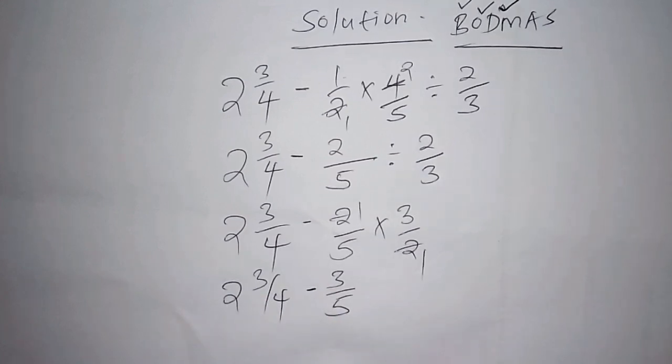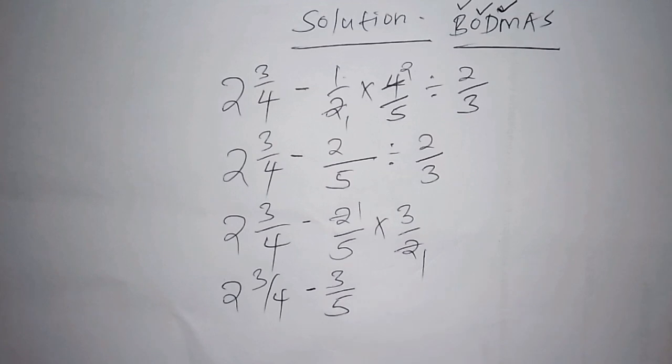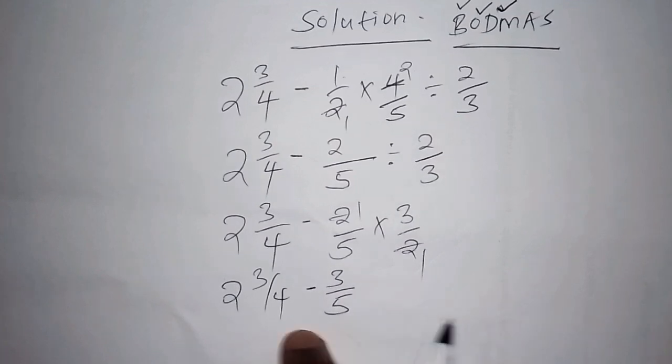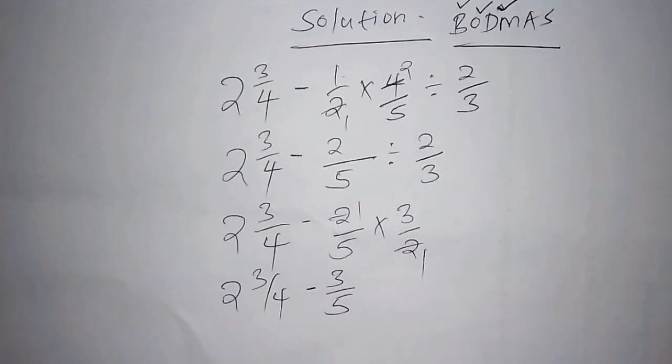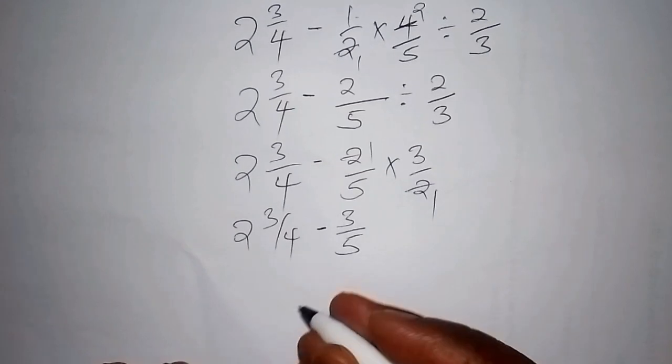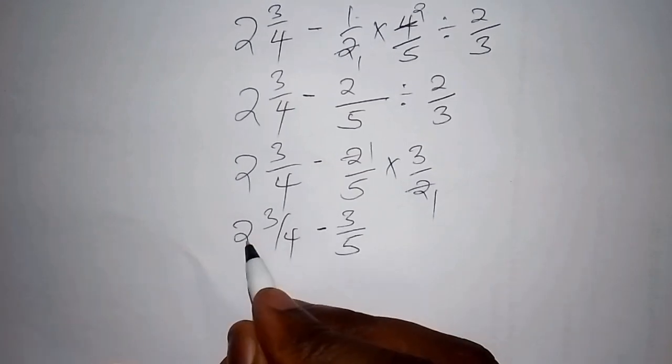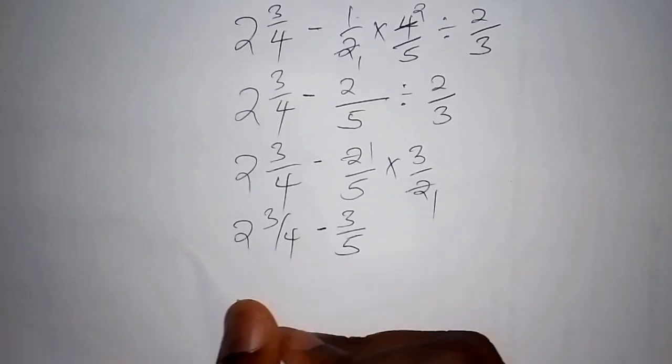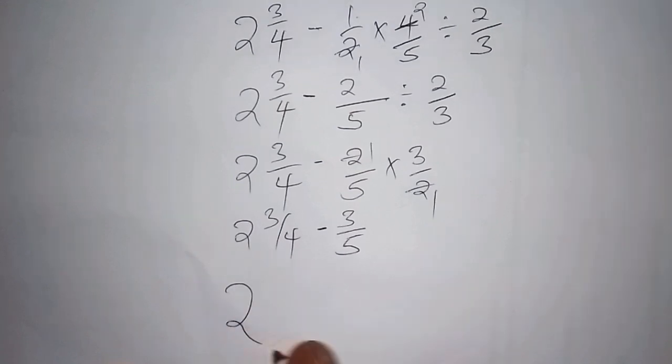So what do we do in this case? Now the last bit: we are going to find the LCM of 4 and 5. This 2 is a whole number, so we shall write the whole number separate, that is 2.